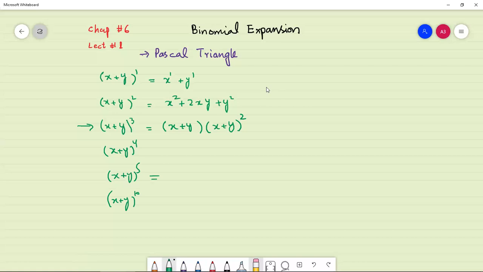This is called the coefficient. So for the power or order of x and y in (x + y) whole power 5, the sequence should be written like this.